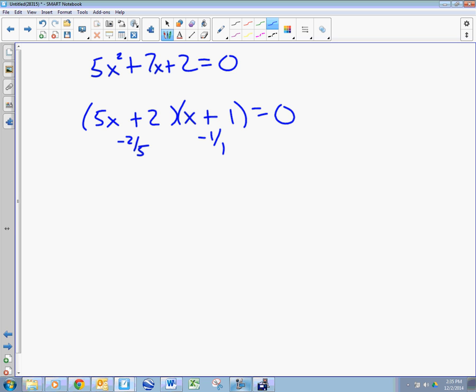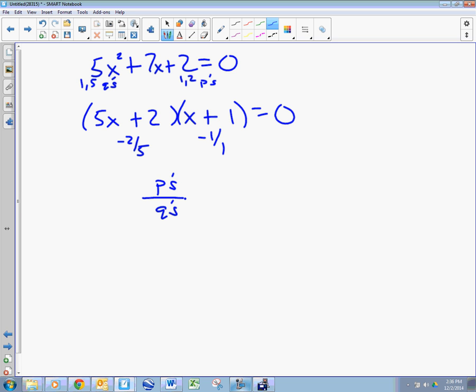Watch this. What are factors of 2? We'll call those p's. What are factors of 5? We'll call those q's. Look at the numbers on top, 1 and 2. Those are my p's. Look at the numbers on the bottom. So, the fundamental theorem of algebra says the degree of the polynomial tells us how many factors it can be written as and how many solutions it has.